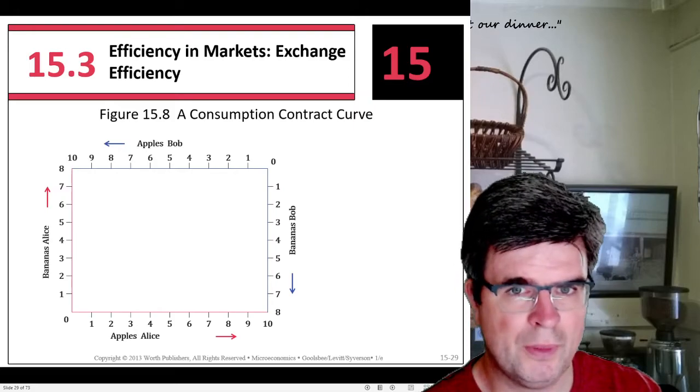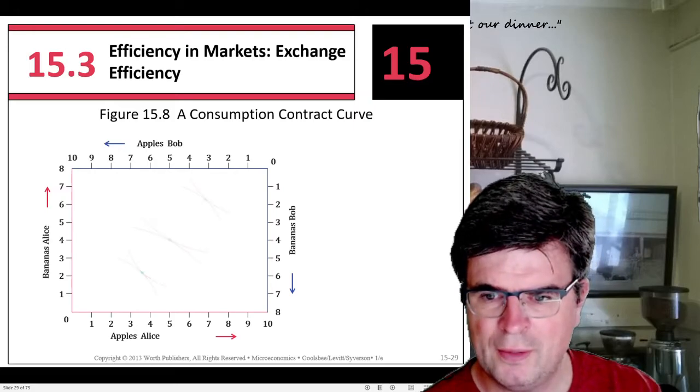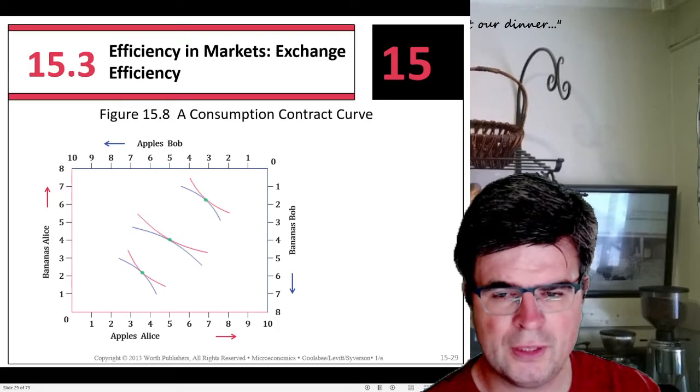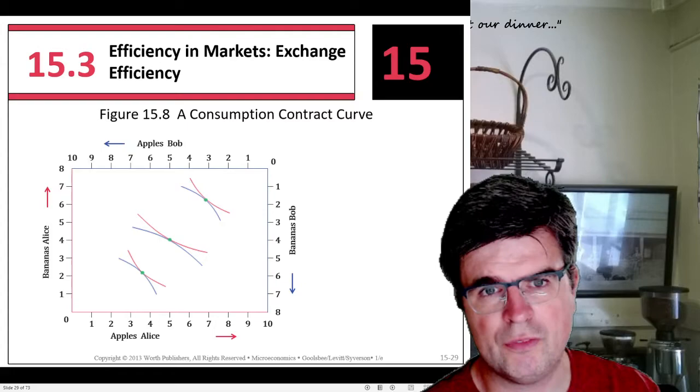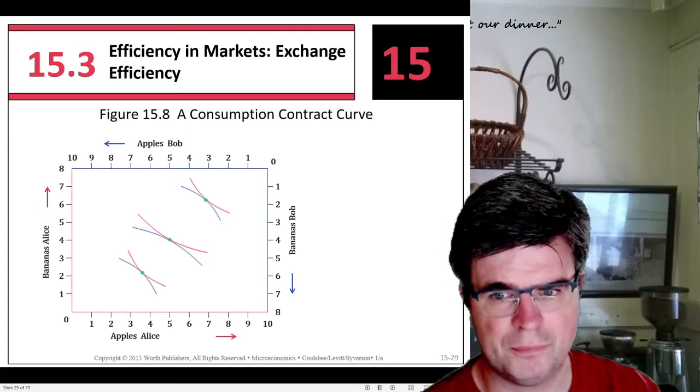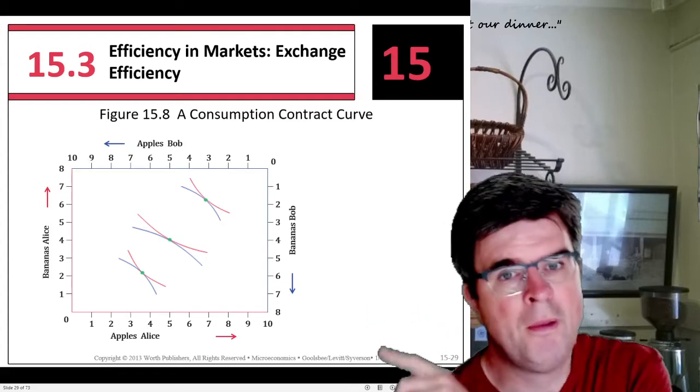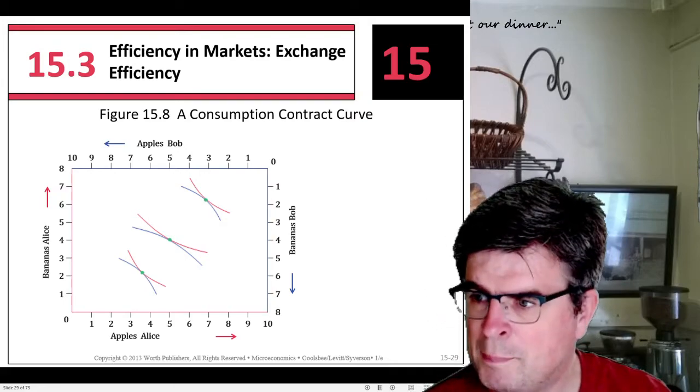So if again we look at the situation of Alice and Bob, then there are multiple points in this Edgeworth box where the indifference curves of the two individuals are tangent to each other. So in this graph here, there are 3 of these points depicted.